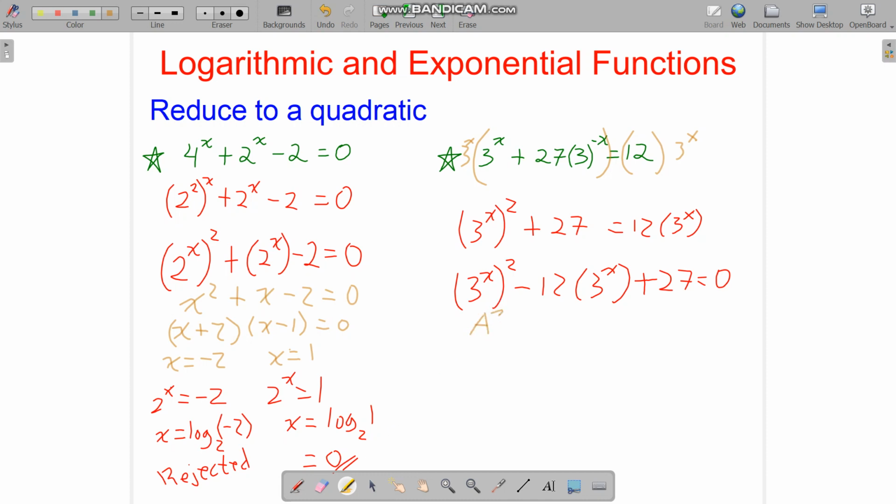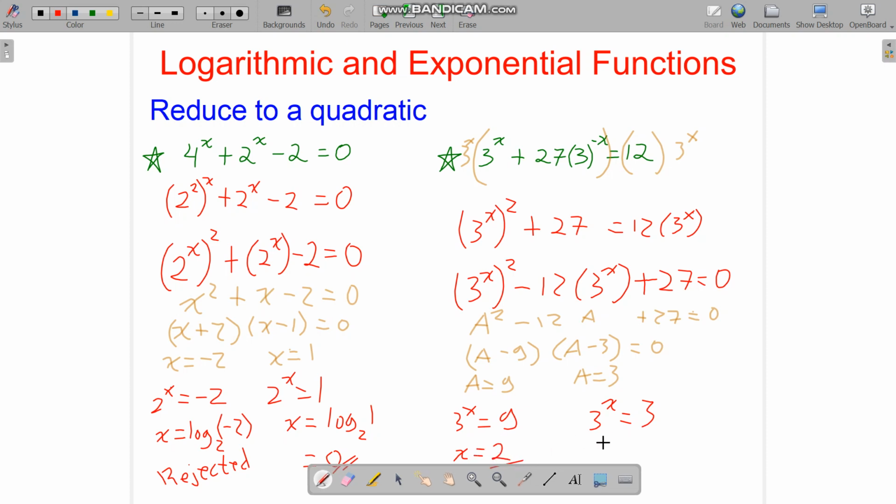So this is like a squared minus 12a plus 27, which is factorizable, and we get a minus 9, a minus 3, and this means the a can be 9 or the a can be 3, and the a is 3 to the power of x. So 3 to the power of x equals 9, 3 to the power of x equals 3, and x is therefore log 9 base 3, which is 2, and here we have x equals log 3 base 3, which is 1.